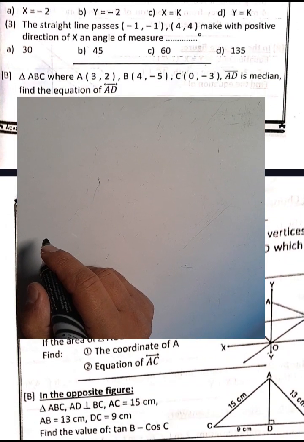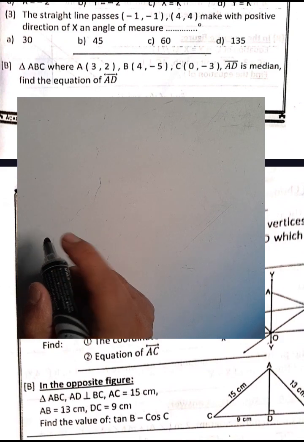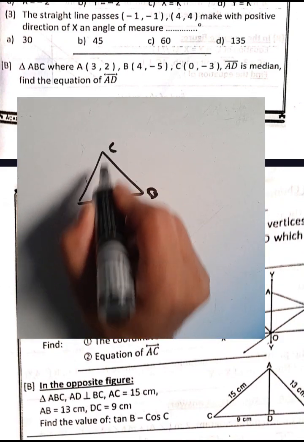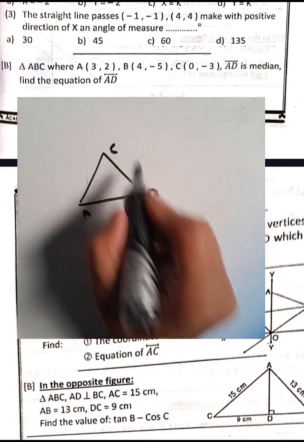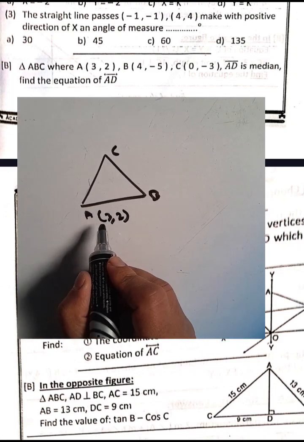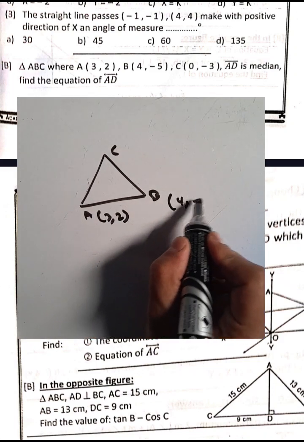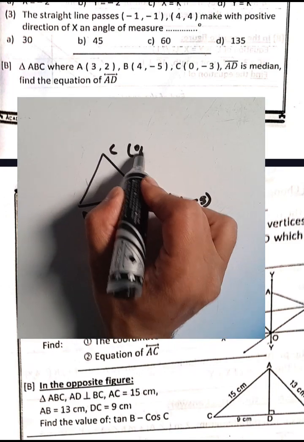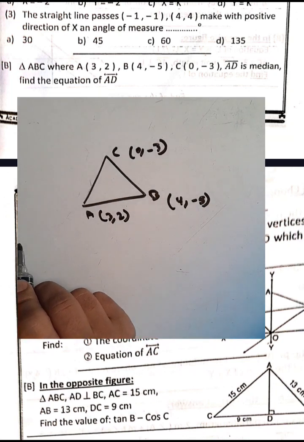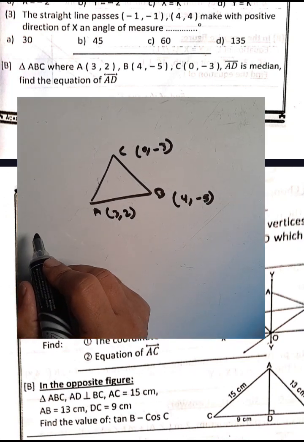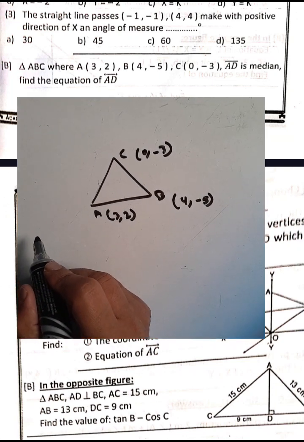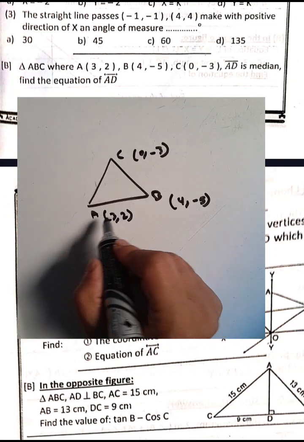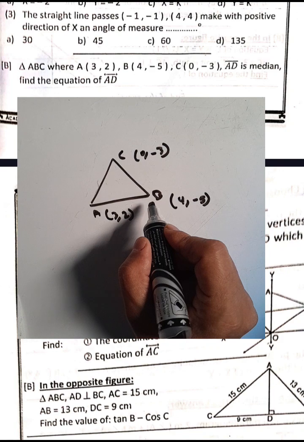Next question. Triangle ABC. We have a triangle with A, B and C. The coordinates of A are (3, 2), B is (4, -5), and C is (0, -3). He wants us to find the equation of AD, and he tells us AD is the median of this triangle.